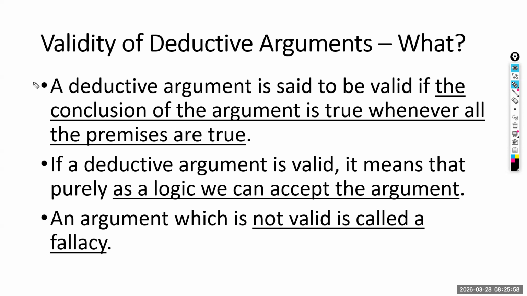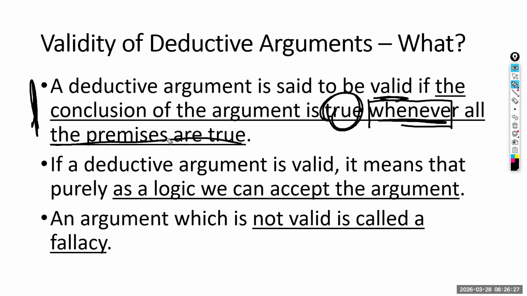Right. This is the first approach. A deductive argument is said to be valid if the conclusion of the argument is true whenever all the premises are true. Okay. So you check if the conclusion of the argument is true whenever, and this word whenever is very important, all the premises are true.